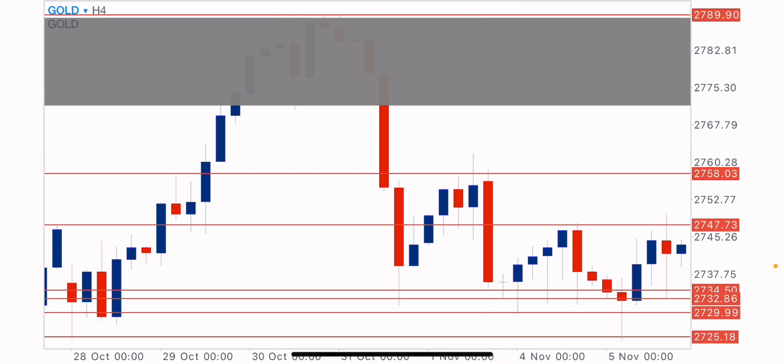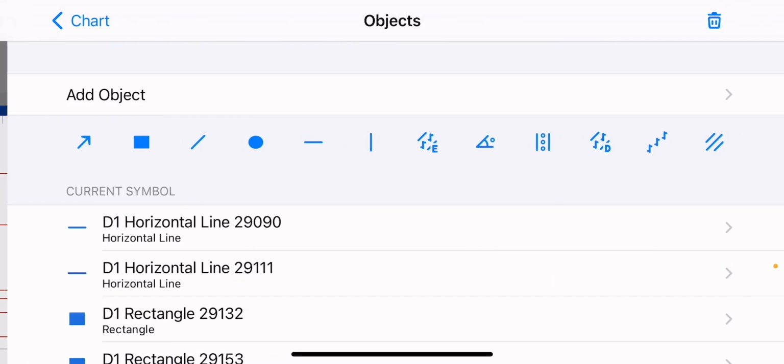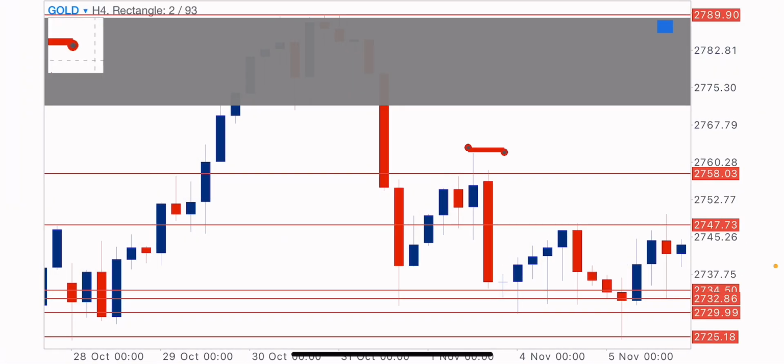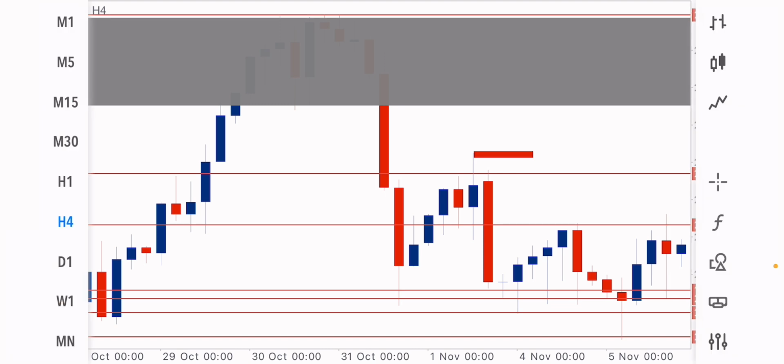Well, with this wick, I can explain to you that this wick can be found in a daily time frame, whereby we would put our stop loss just above this wick and use proper risk management.